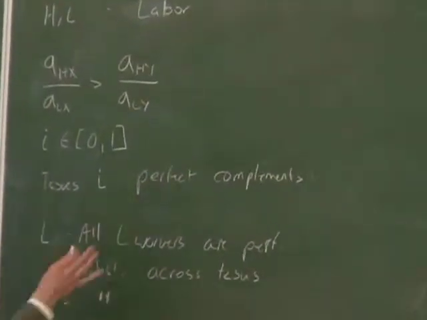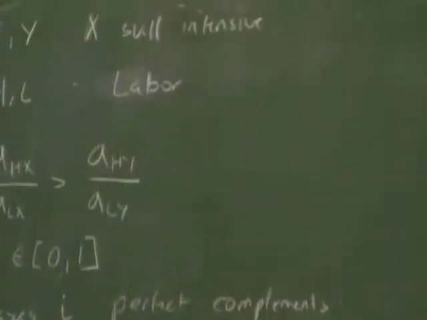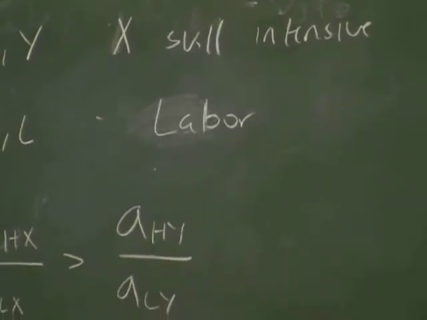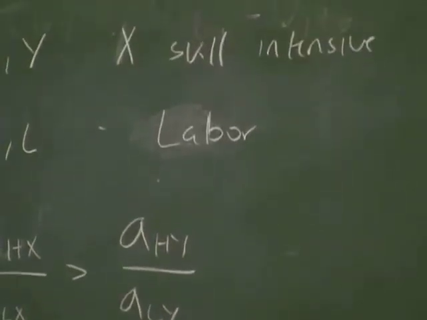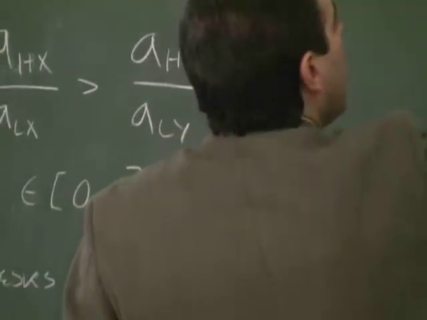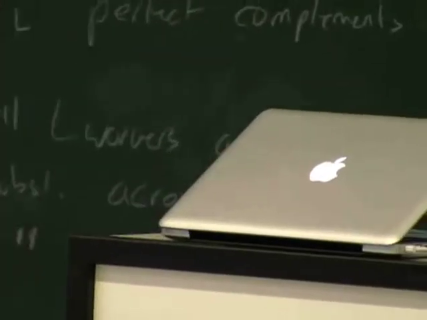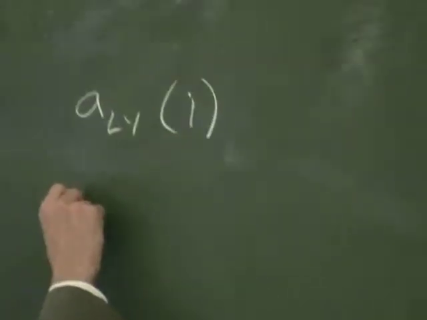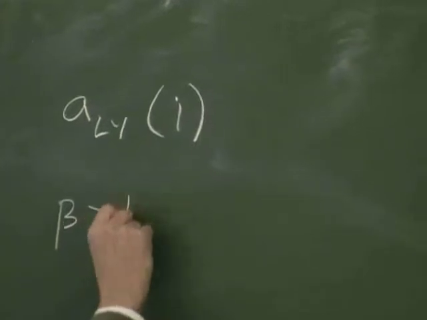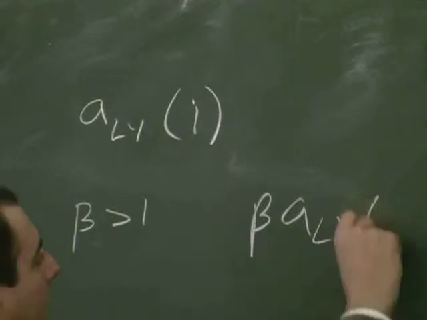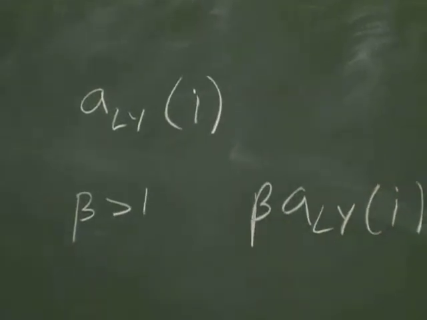Let's say if producing a unit of the low-skilled task in the Y industry takes LY in the domestic industry, or let's say for a specific task, takes this much, right? Then if it's produced overseas, it's going to take beta greater than 1, so beta times LY for the same task done if you offshore it, right?